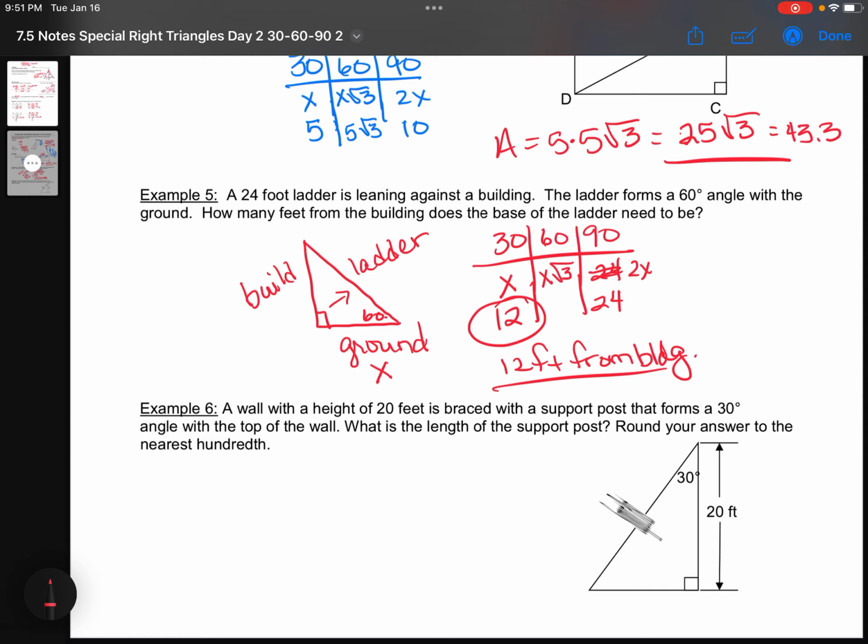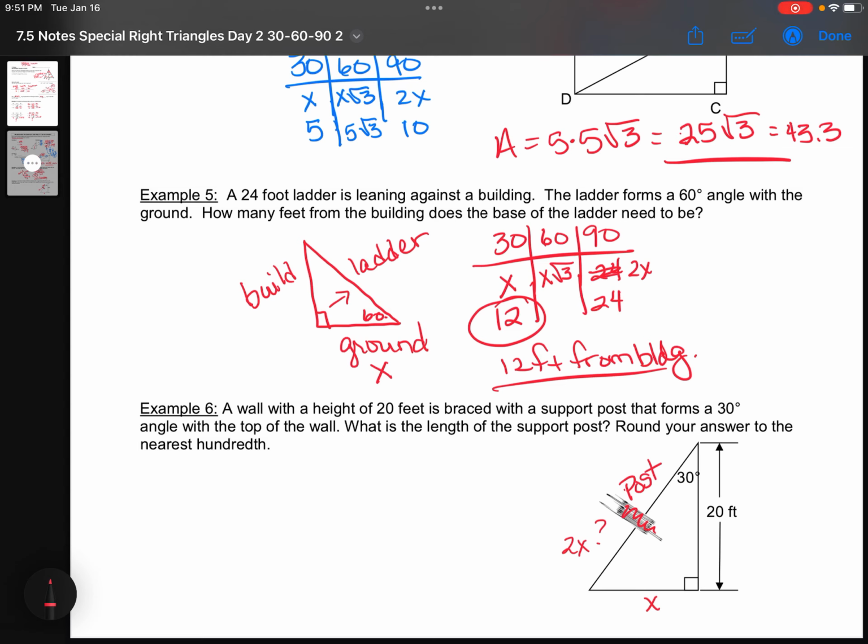All right. I was trying to figure out what this is. It looks like a bunch of letters, but I have no idea what that is. So this is my post. That's what I'm looking for. The wall's 20, 30 degrees. So this is the x.